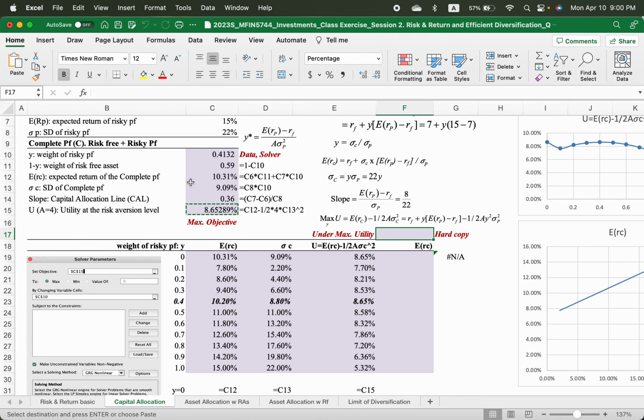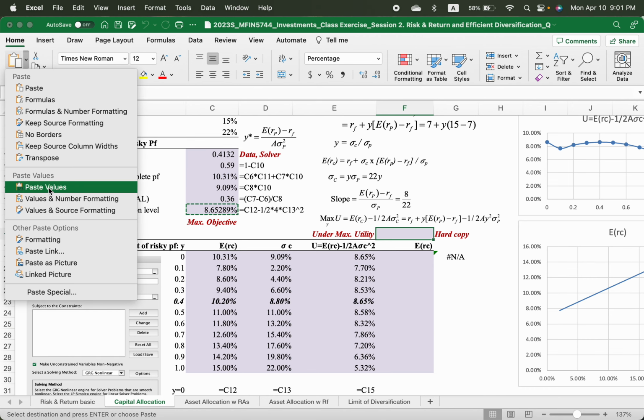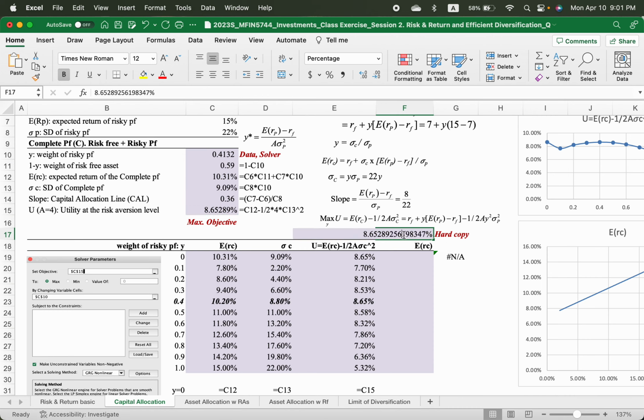But when you paste, don't link these two. Never. Because when you create this, the expected rate of return of the complete portfolio on each weight of risky portfolio level will draw this indifference curve. So don't link; copy and paste. Instead, we paste only values, so that you put these hard numbers there, right?